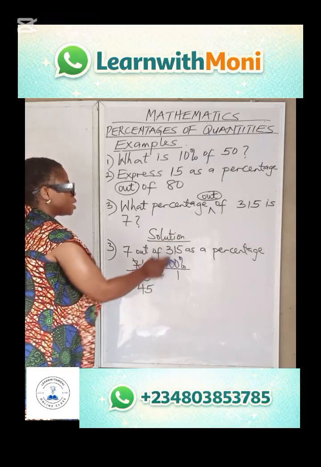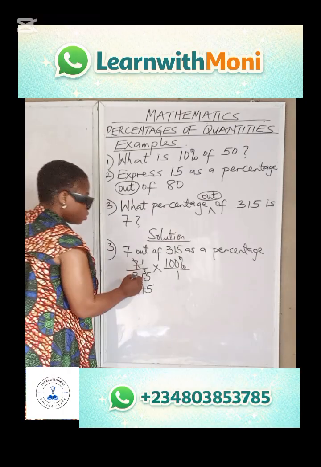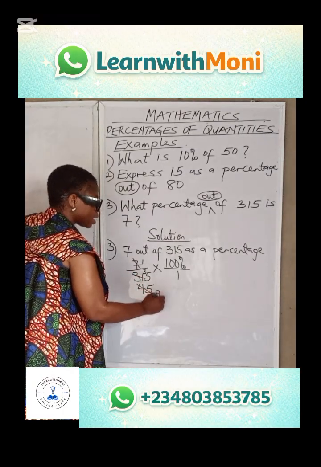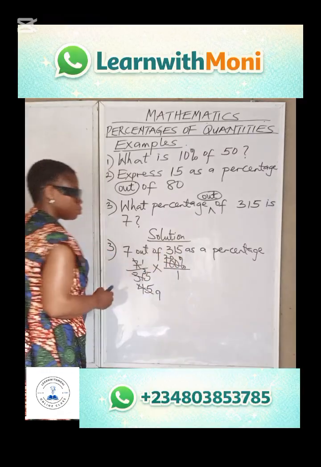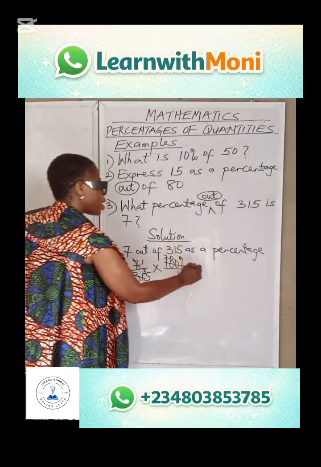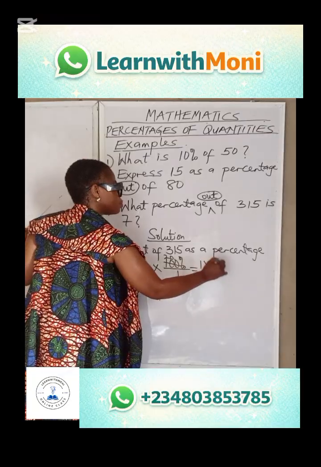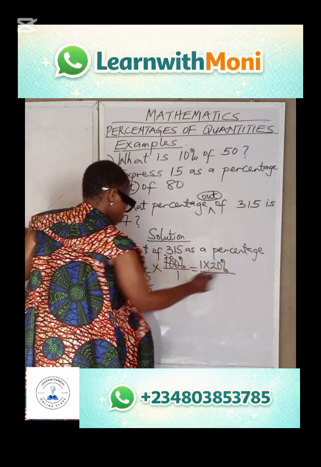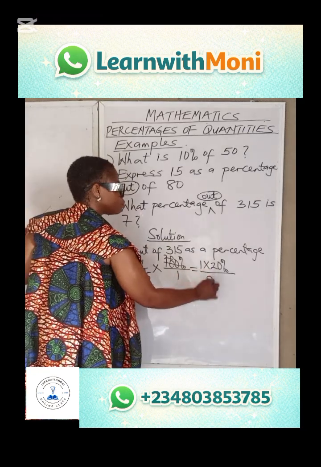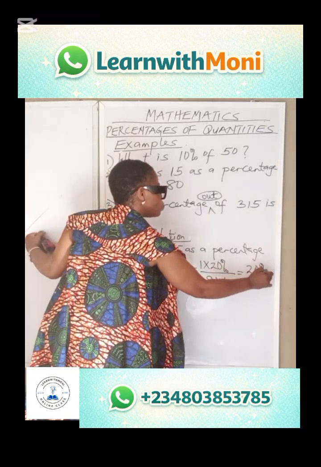Then between 100 and 45, 5 is a common factor. 5 divides 45 9 times. 5 divides 100 20 times. So we end up having 1 times 20%. Don't forget this percent is here. Over 9 times 1, which is 20% over 9.